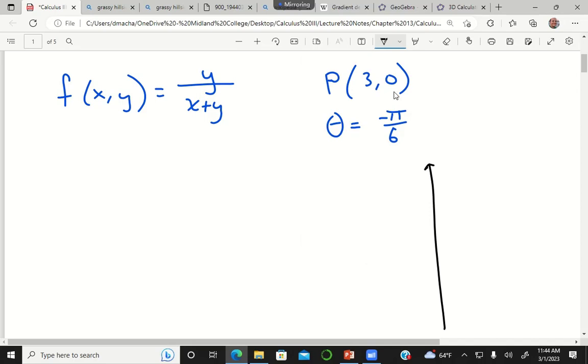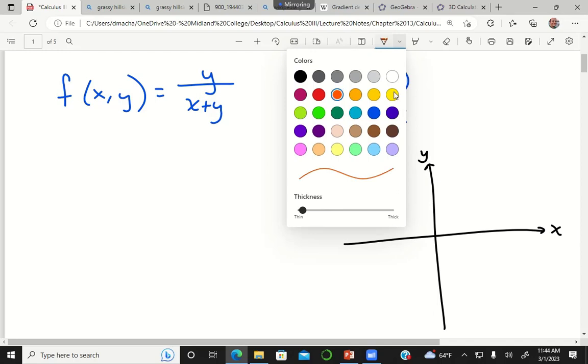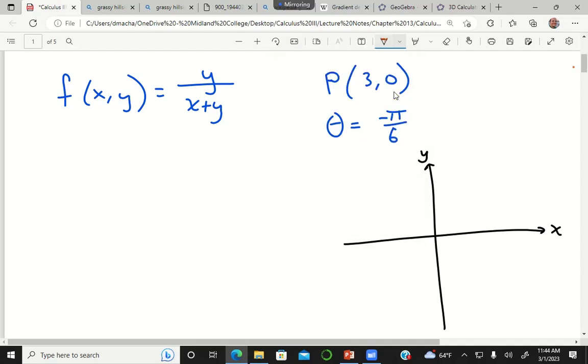Since f is a function of x and y, the xy plane is going to be the domain of my function here. Theta equals negative pi over 6 means it's pointing in this direction. That would be my direction vector. If I wanted to write a unit direction vector, I would choose, anybody know? Cosine, sine. Exactly.